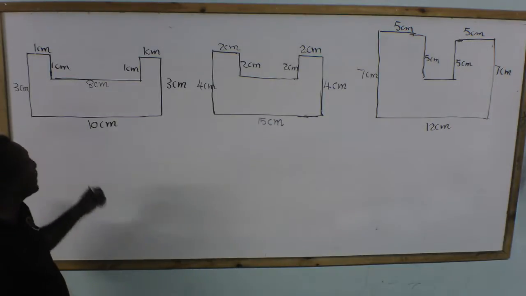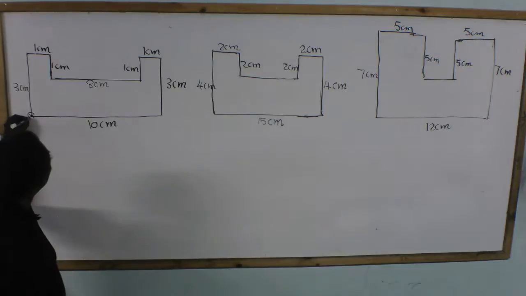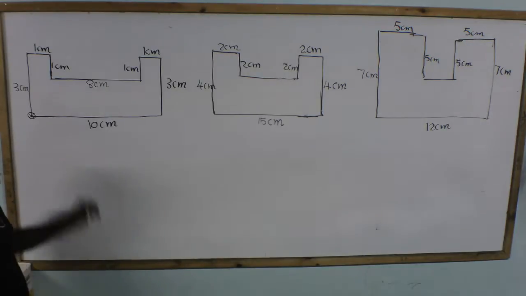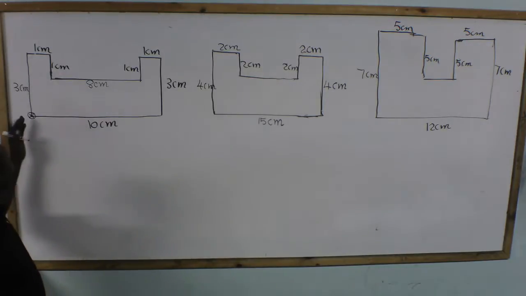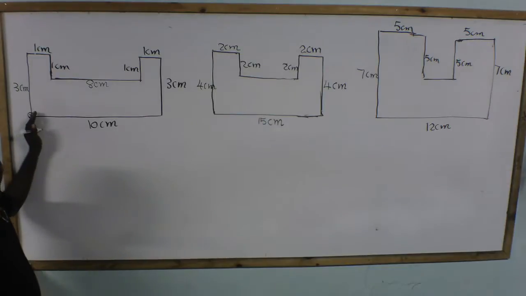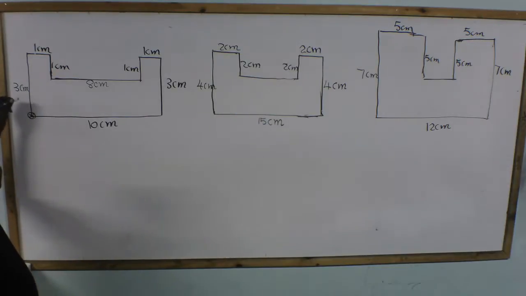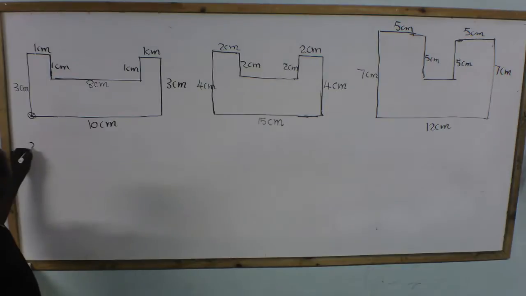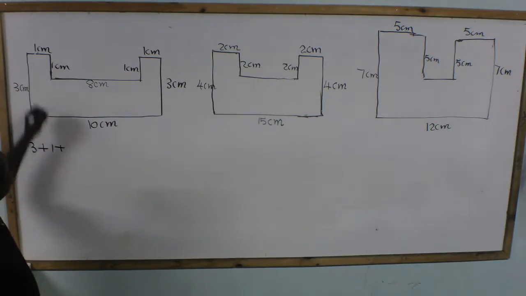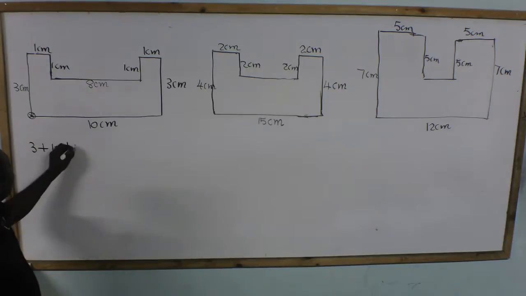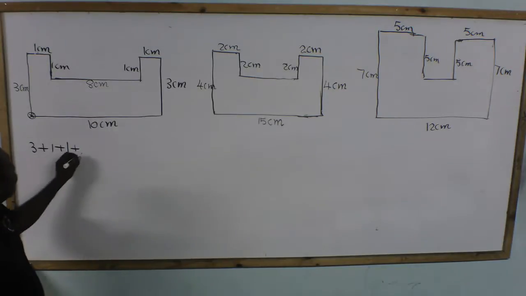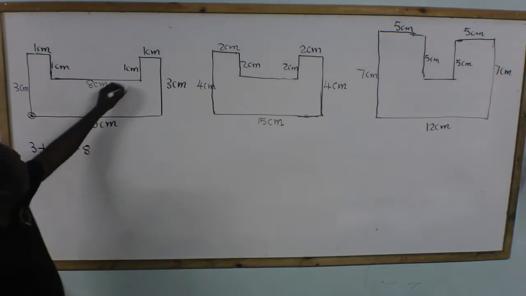So we will proceed in finding the perimeter. We're going to begin right here. So we'll mark that spot. And we are going to go all the way around and we'll end up at this spot again. So let's begin. We have 3 centimeters plus 1 plus 1, then plus 8.